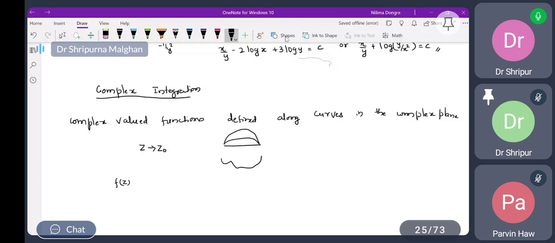Consider a continuous function f of z of the complex variable z equal to x plus iy, defined at all points of a curve C.